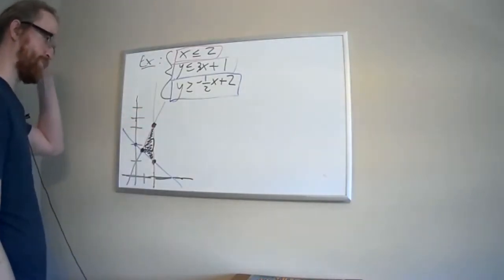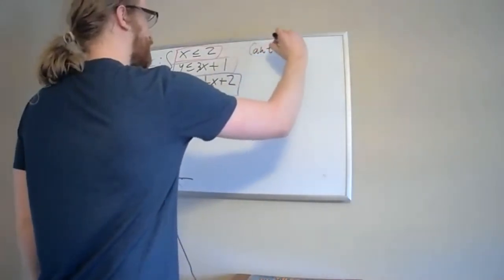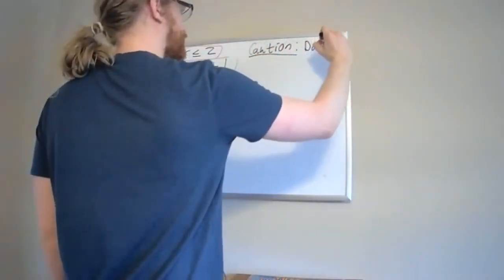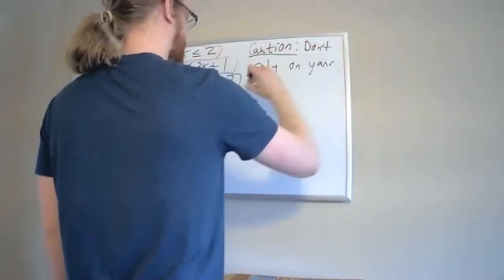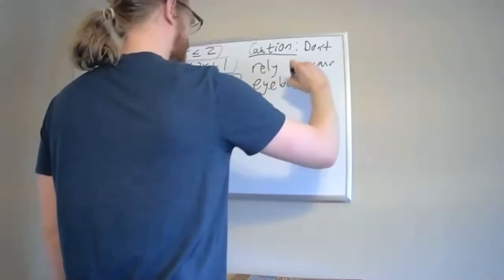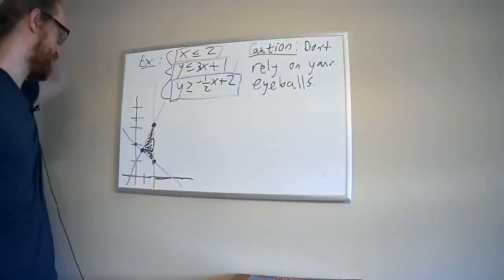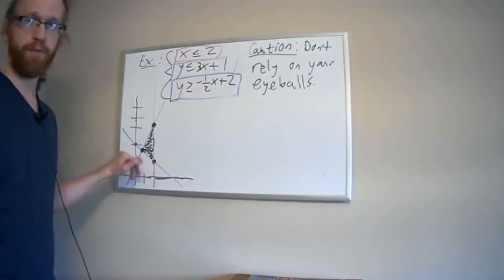And so what I want to caution you on is the following. My caution is don't rely on your eyeballs, because they will lie to you. If you want to try and just guess what the coordinates should be from your picture, you're going to be in trouble a lot of the time.